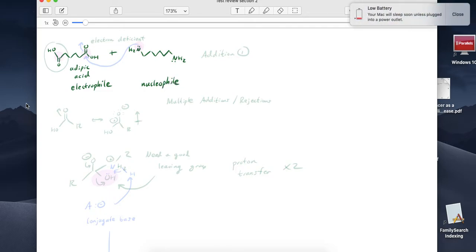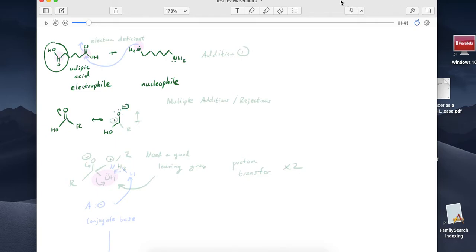That's because the carbon is electron deficient. So if we consider the carbonyl group, let's just take this section right here and do a simple resonance structure. We pop that pair of electrons up, we get O minus and carbon plus.